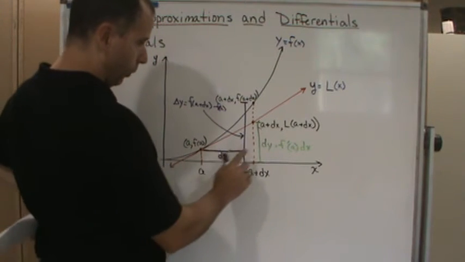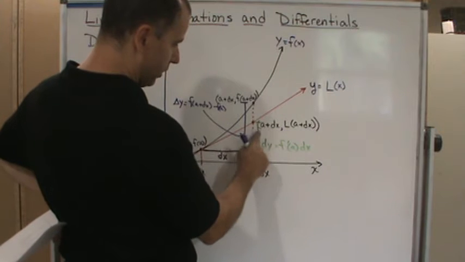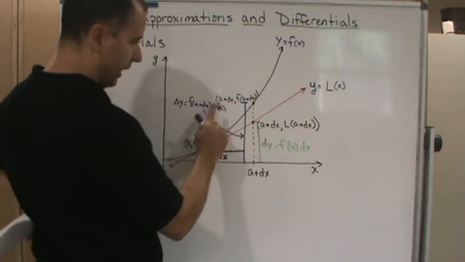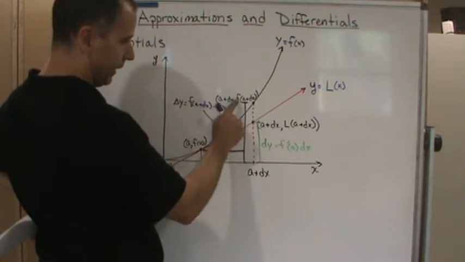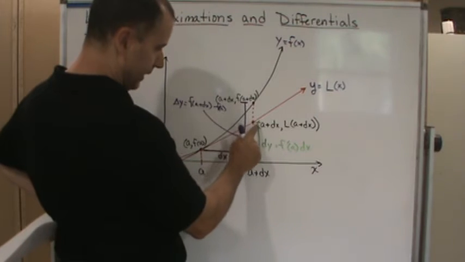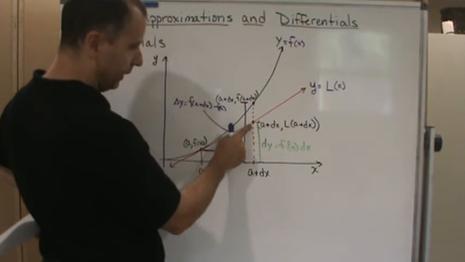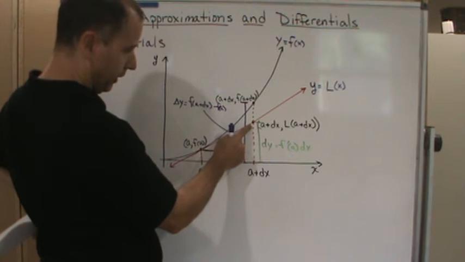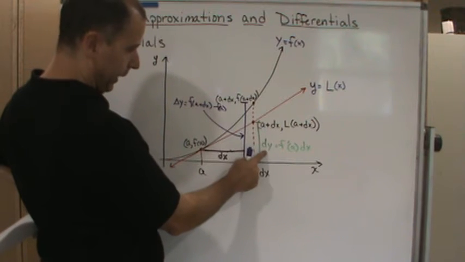Now this point is the approximation of f of a plus dx. So that's the approximation, the linearization, that point. Well, that distance to that approximation, the point on the tangent line, is dy.